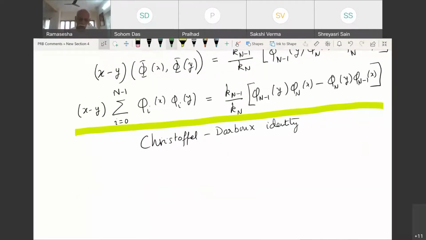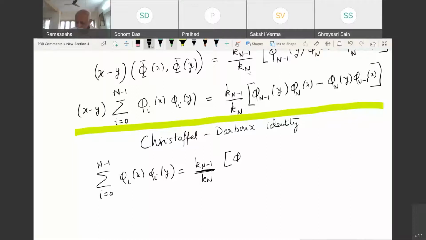So now I can also do something more. I can just play around with it and write the sum over i equal to 0 to n minus 1 of phi_i(x) phi_i(y) is equal to k_{n-1} upon k_n times [phi_n(x) phi_{n-1}(y) minus phi_n(y) phi_{n-1}(x)] divided by x minus y.